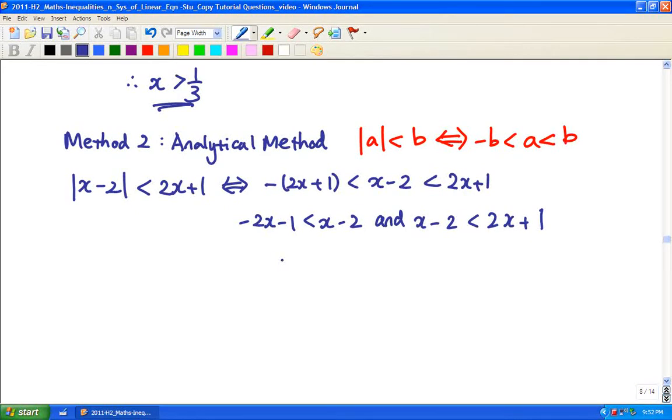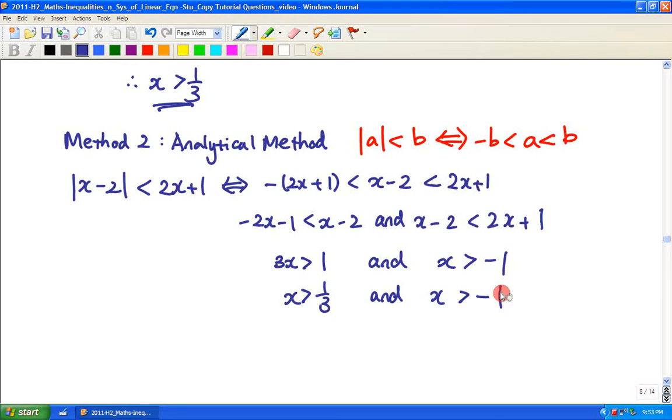The first one will give us 3x is greater than 1, in other words, x greater than 1/3. Whereas the second one would be x is greater than negative 1. So we can write accordingly.